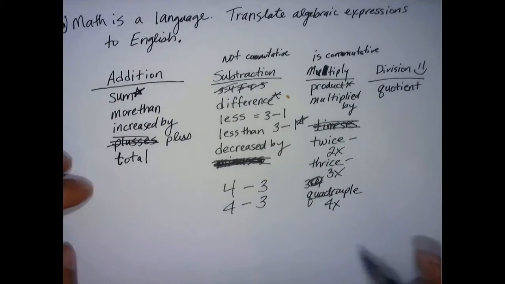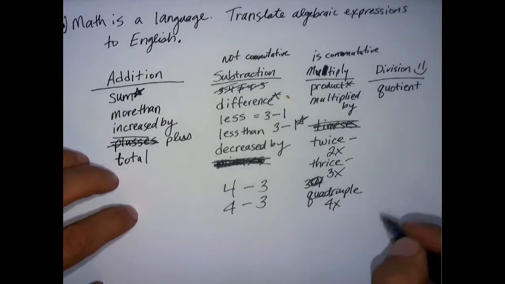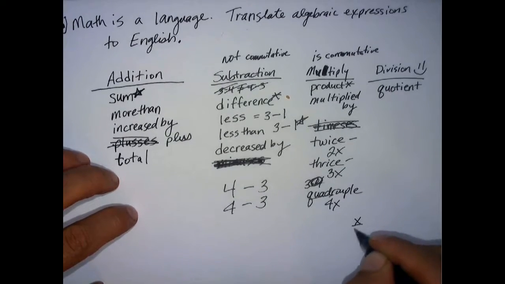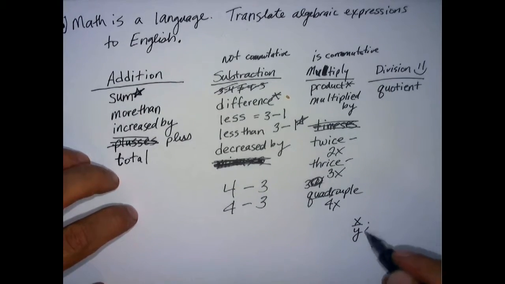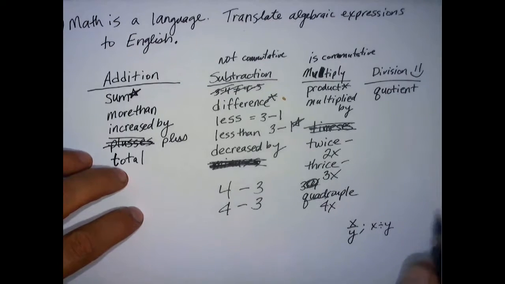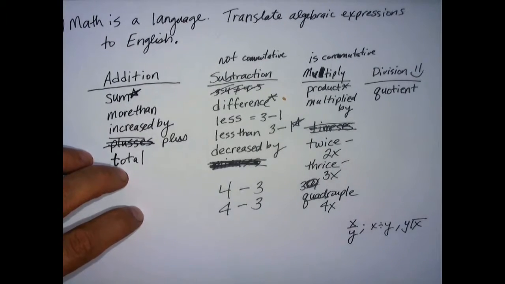But there's ways to write division, and there's wrong ways to write. Well, there's a wrong way to write everything, but with division we could say x divided by y, or we could say x divided by y. And in some cases, you see x divided by y.